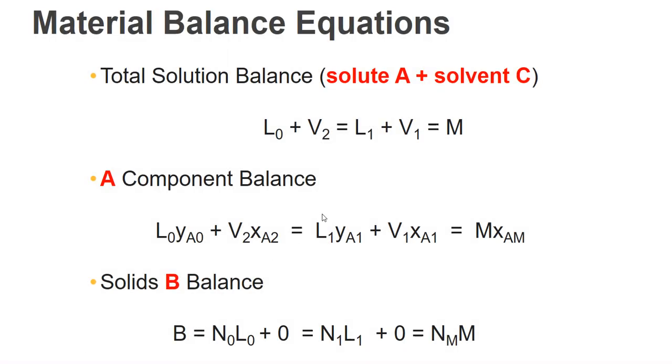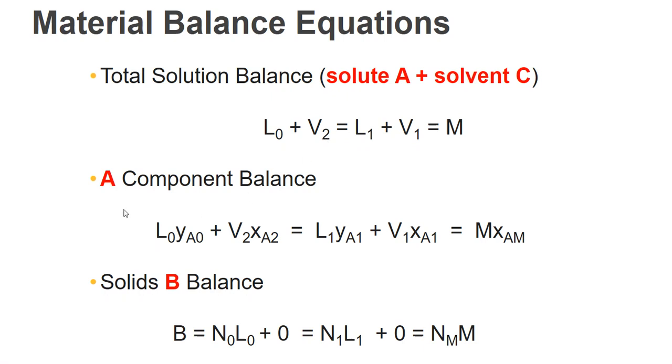Now, in terms of mass balance, we add up all the phases that enter the leaching apparatus, and we also add the phases that leave the leaching apparatus. Again, I put this in red. We only place in here the solute A and solvent C present in these particular feed and solvent phases.